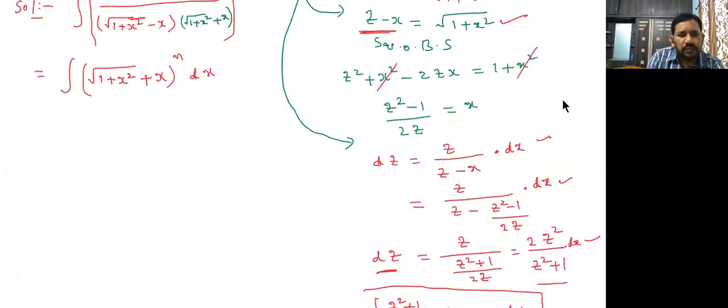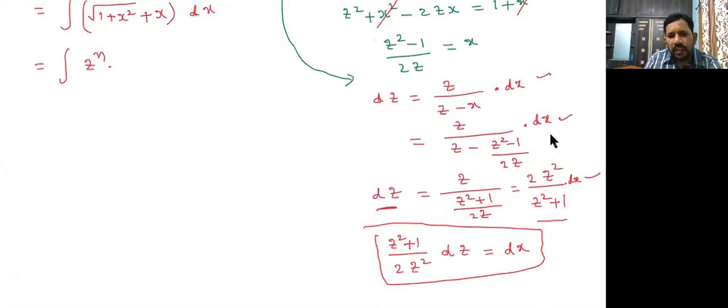Here integration, this value is z power n into what is dx? Here we got z square plus 1 divided by 2 into z square dz.